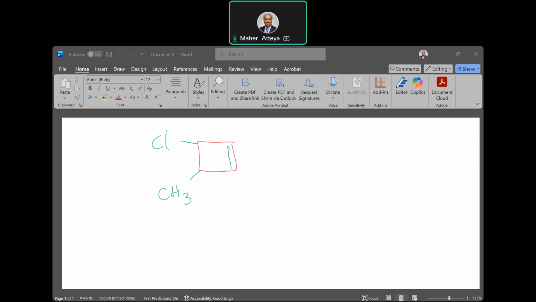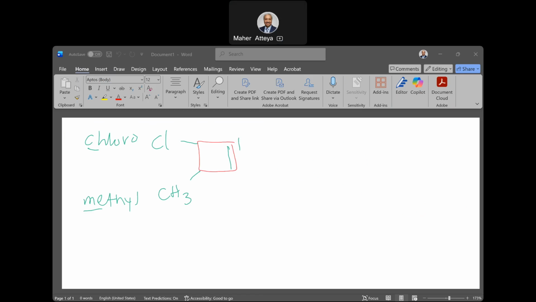So this is chloro with the C. This is methyl with M. So the whole body has a double bond, it's cyclic, so cyclo. Since we have a double bond, the double bond will control everything. So the numbering will start here.